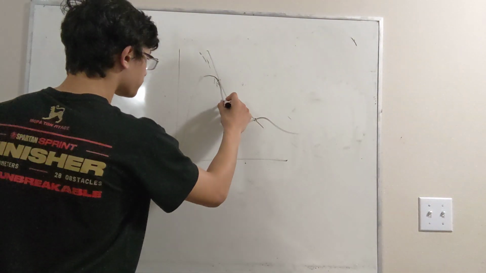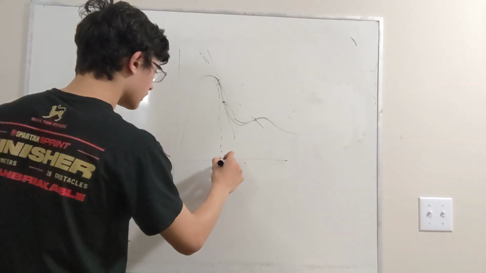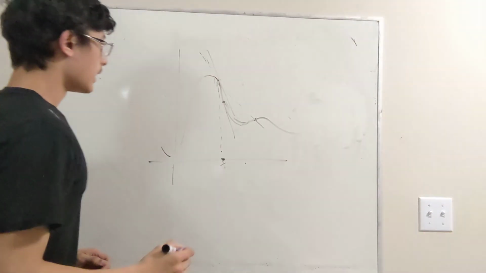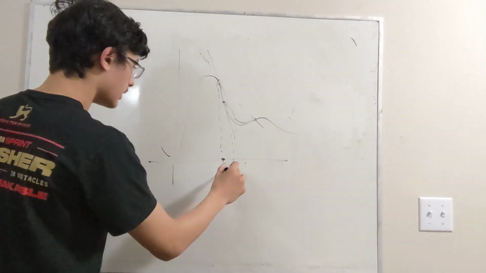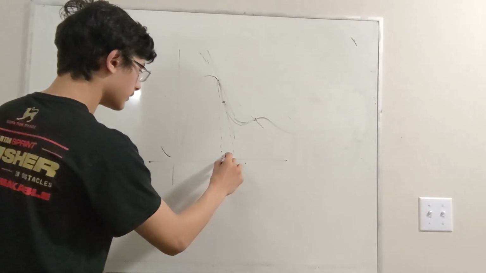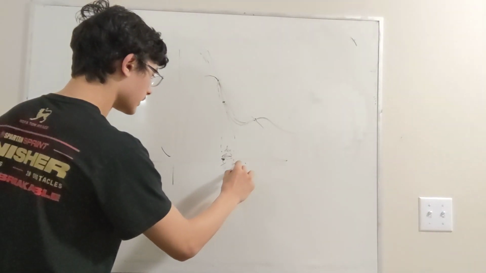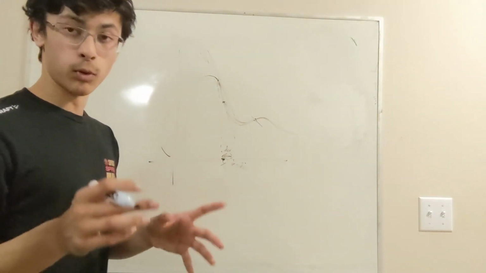So let's say that at this point, the x value is just x. And let's say this distance right here is dx. So then this point is going to be x plus dx. Now we have 2 points.